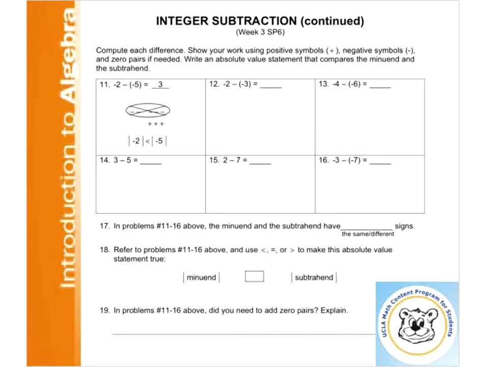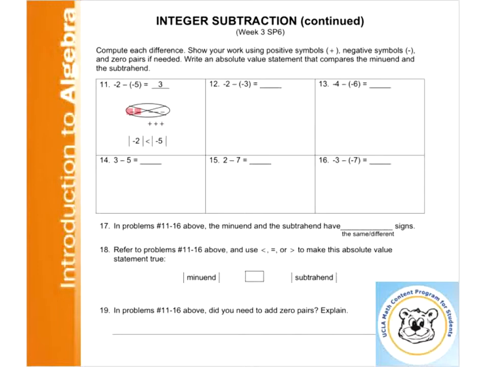All right, so this set of problems, I noticed that I'm going to need some zero pairs. I'm going to build it. I start with 2 negative markers, and it tells me I need to subtract 5 negative markers. Well, I don't have 5 negative markers to take away.